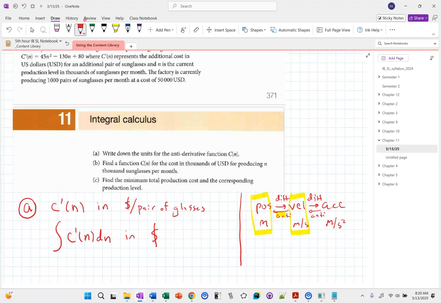The only exception is if you go from acceleration to velocity, the y is meters per second, and the x is per second, so you're losing the bottom of that. We usually don't write it as meters per second per second. Okay. So that's part A.